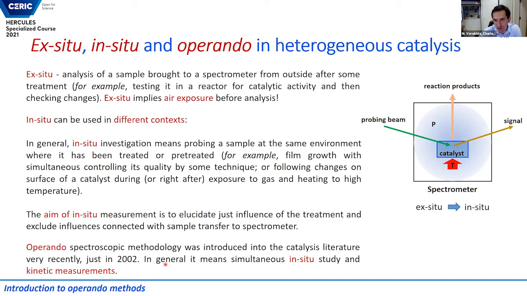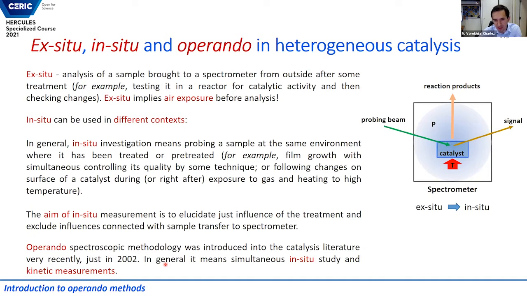In this case, you have, for example, a mass spectrometer, which also detects, so you can be sure that your catalyst is operating. It means that you have additional evidence that you have production of chemical products.